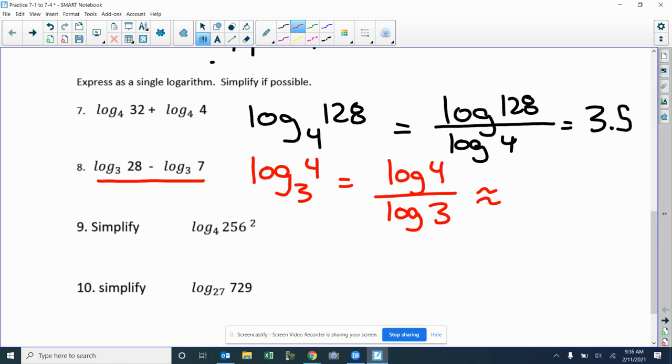So carry it out a couple decimals. Don't get carried away. 3 or 4 is fine. Anybody want to tell me something? 1.26? That's fine. Carry it out 2 or 3, that's fine.